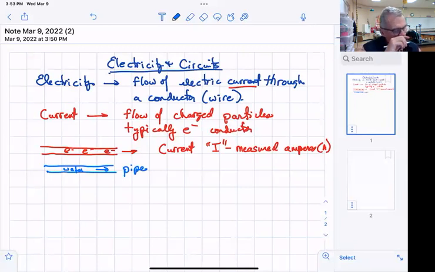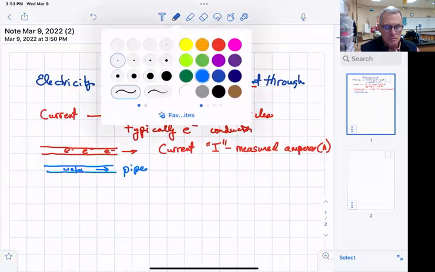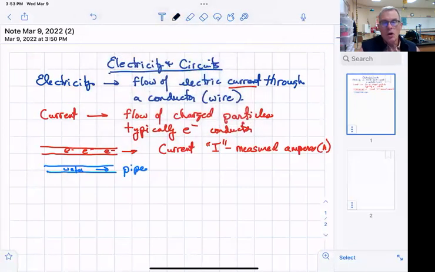So let's talk a little bit about how we get a current to flow, and that's something that's important. Currents flow typically in a conductor, a wire, which forms a loop, a closed loop. And for current to flow, you've got to have a closed loop.